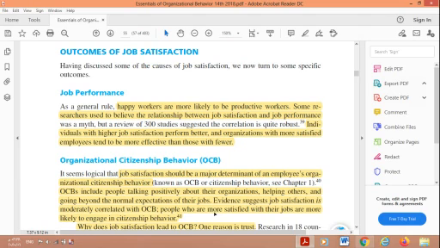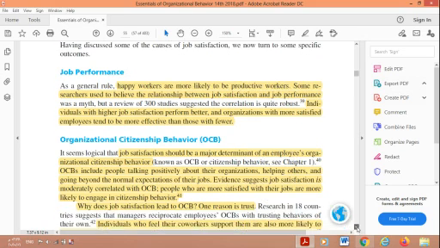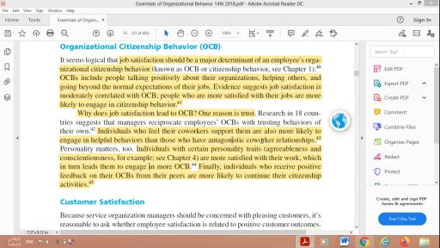People who are more satisfied with their jobs, of course, are more likely to engage in citizenship behavior. Individuals who feel that their co-workers support them are also more likely to engage in helpful behaviors than those who have antagonistic co-worker relationships.